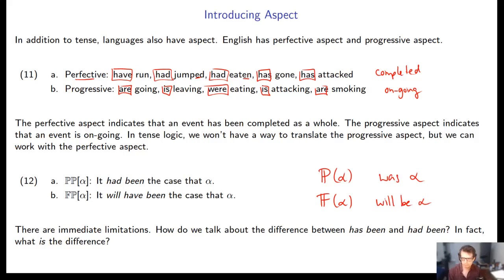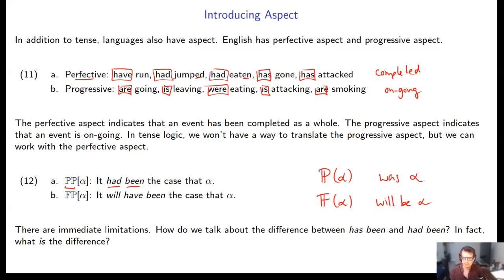So just simple, like 1 point in the past, and future is like 1 point in the future. So when we double up with the p's, so we say the past past, the suggestion is that this is like aspect and tense. So this is had been the case. So in the past of the past, alpha. So it had been the case that alpha.